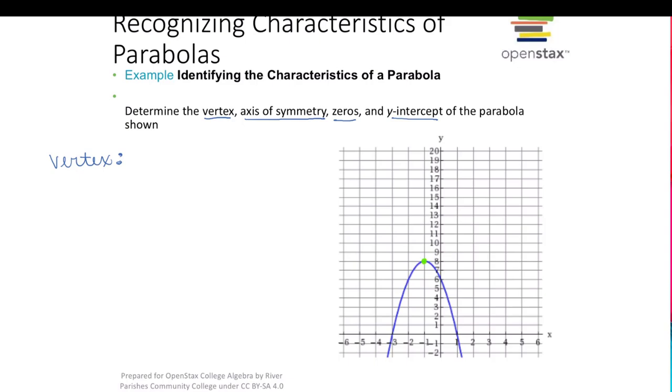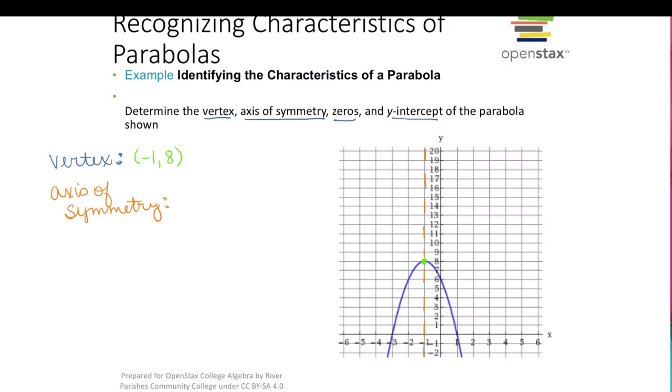So we can see it's right there, and that looks like the point -1, 8. All right, so if you know the vertex, then you definitely know the axis of symmetry, because if you'll remember, the axis of symmetry, which is not drawn on here, but I'll draw it, is the vertical line that goes through the vertex.